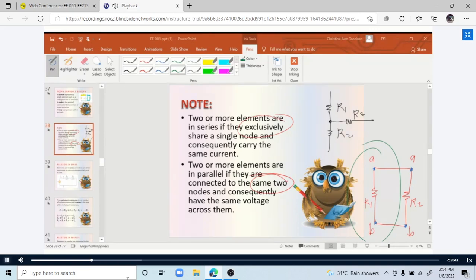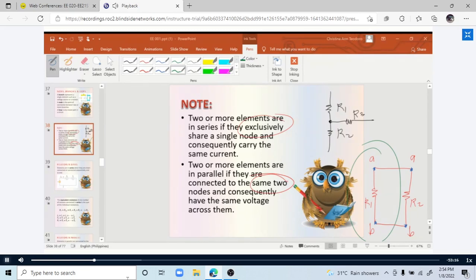A and B as well, right? Is the requirement satisfied? Yes. Therefore, R1 and R2 are in what connection? Parallel. Very good.